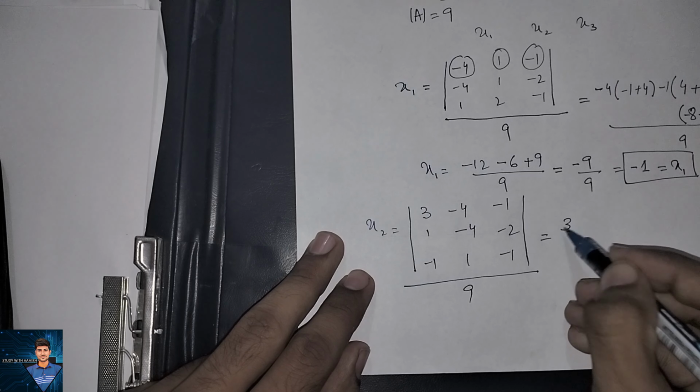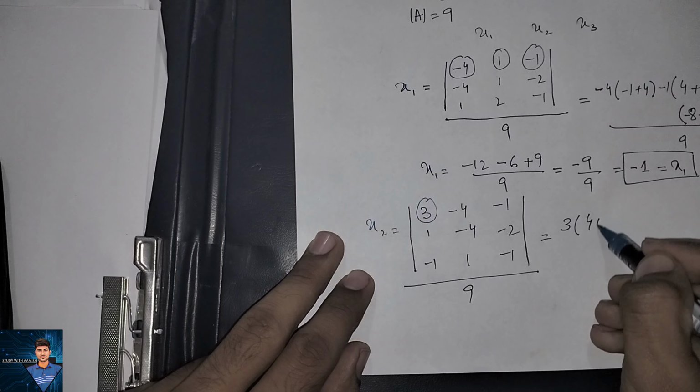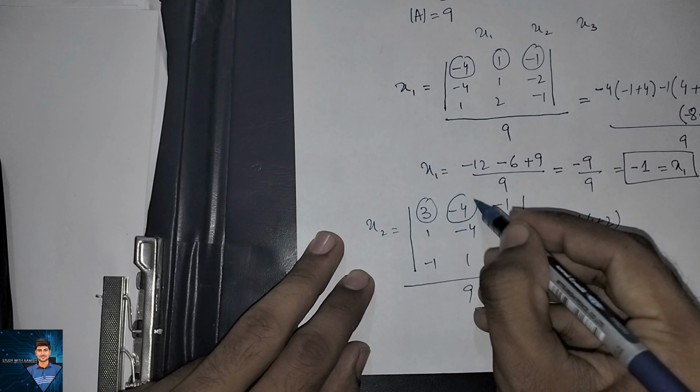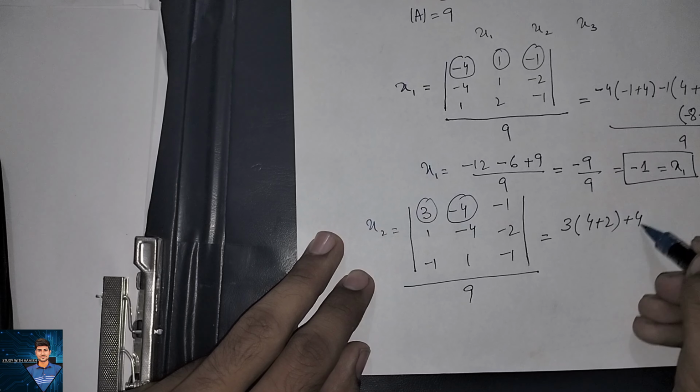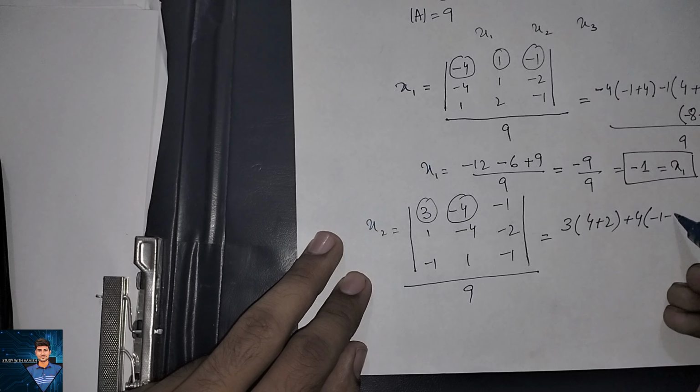So it will be 3 for this row into 4 plus 2 for this row, minus minus plus into, and it will be -1 into -1.